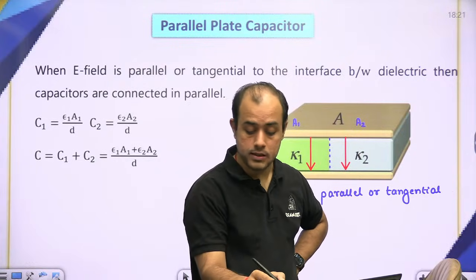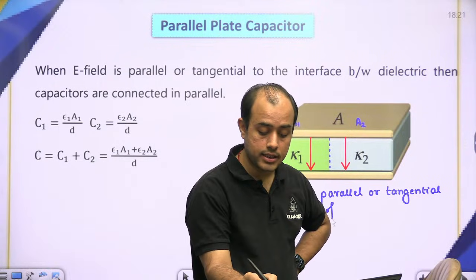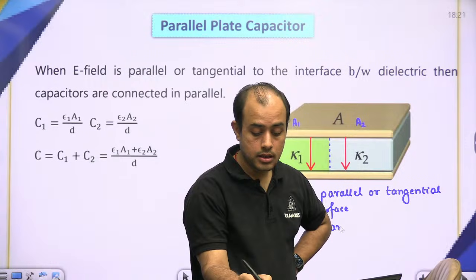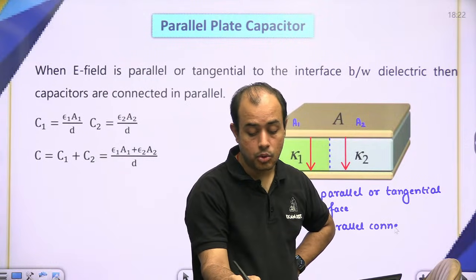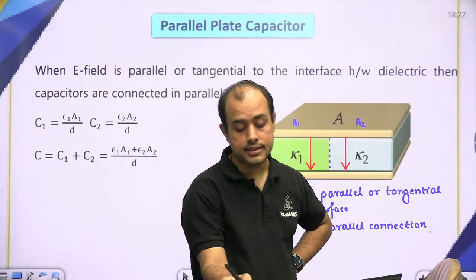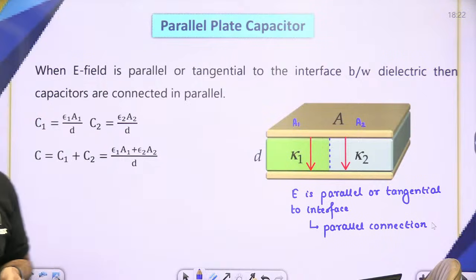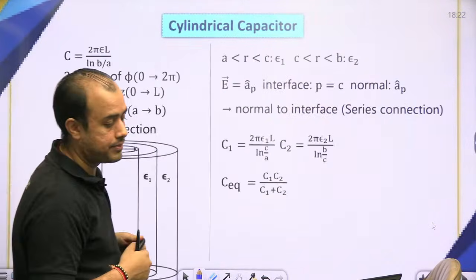Whenever this happens, beta, it is treated as parallel connection. करने को derive कर सकते हो, but जरूरत नहीं है. Now both have the same thickness, but their areas are different. So due to parallel connection, we are directly adding the capacitance.